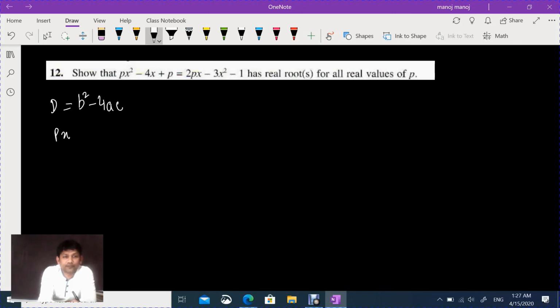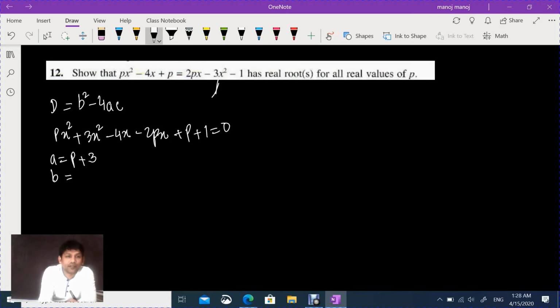Shifting all the values, px square plus 3x square gives p plus 3 times x square, then minus 4x minus 2px, then plus p plus 1 equals 0. A is p plus 3, b is minus 4 minus 2p, and c is p plus 1.